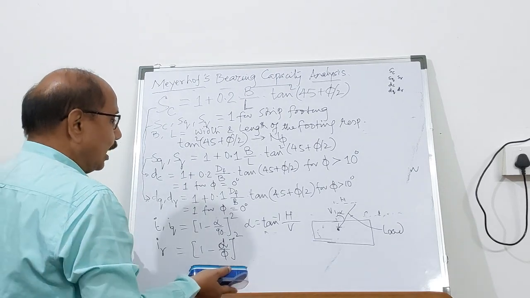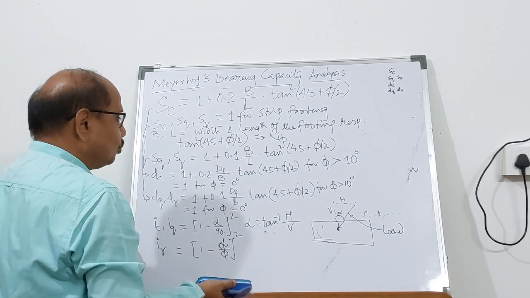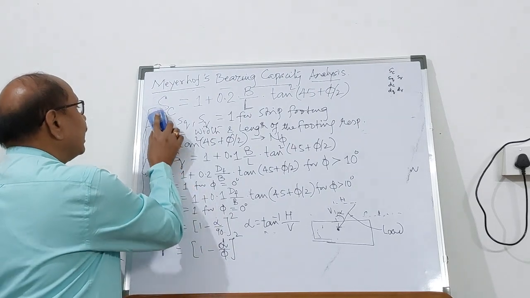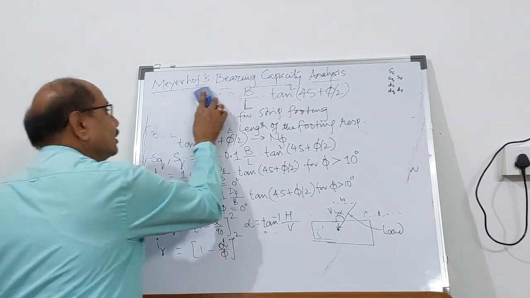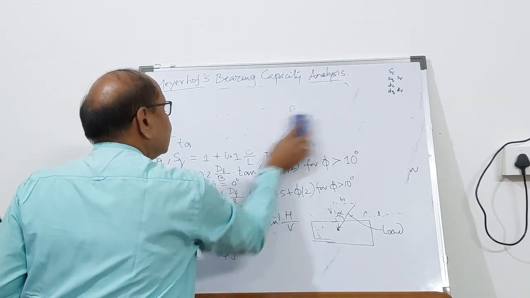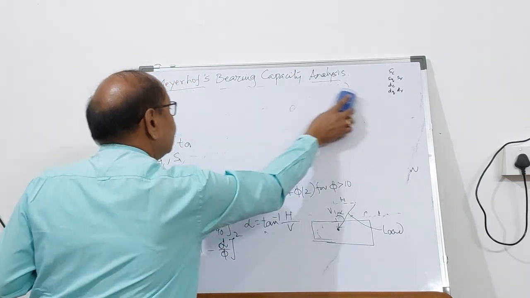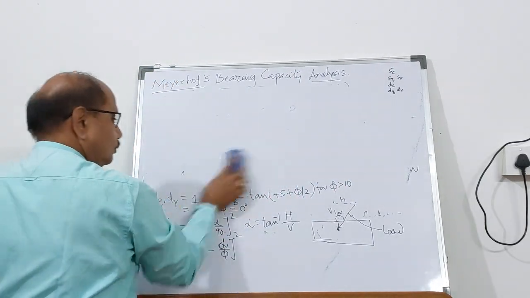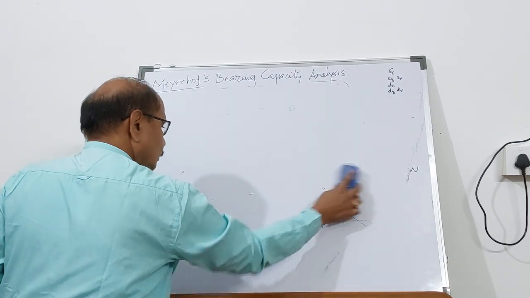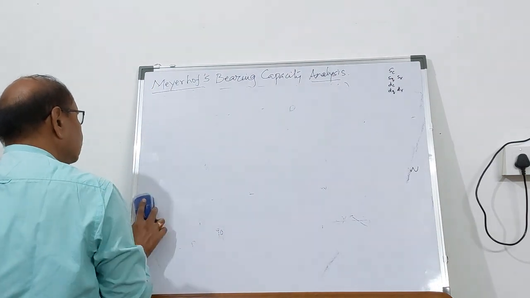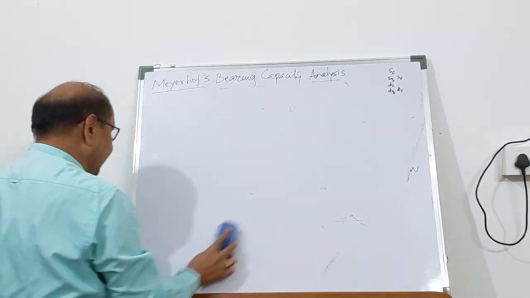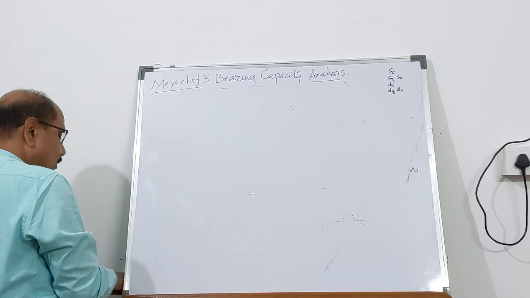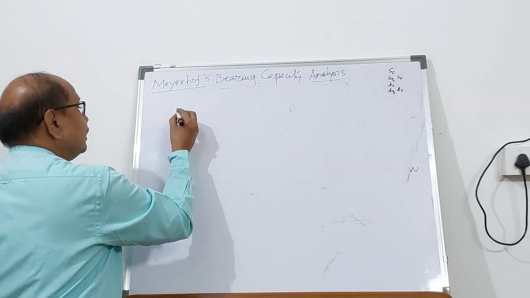Now, I told you that N c, N q and N gamma are the bearing capacity factors. How will you find out those bearing capacity factors? Very easy way.